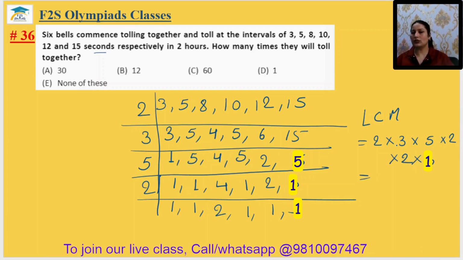So 2 3s are 6, 6 5s are 30, 30 2s are 60 and 60 2s are 120, 120 3s are 360. So after 360 seconds the bell will ring again. So in 2 hours, how many seconds are there?